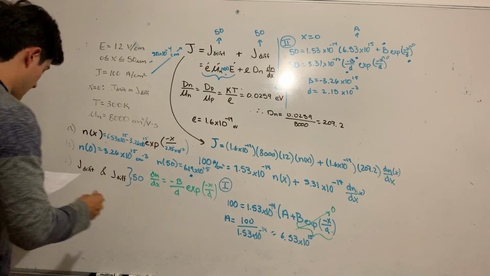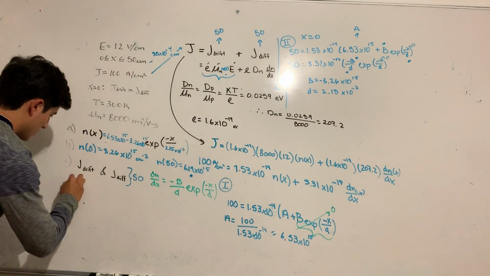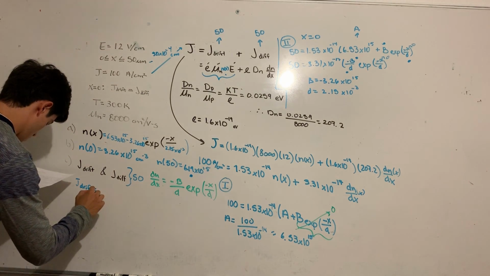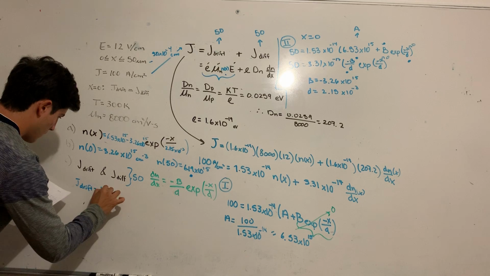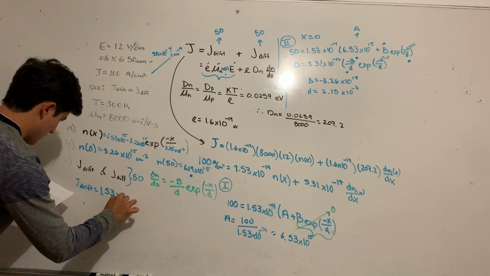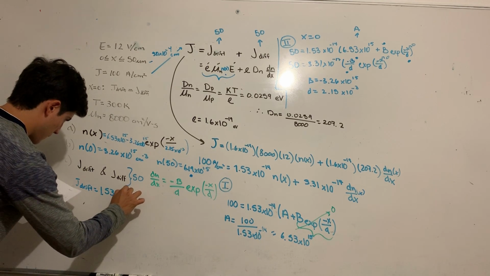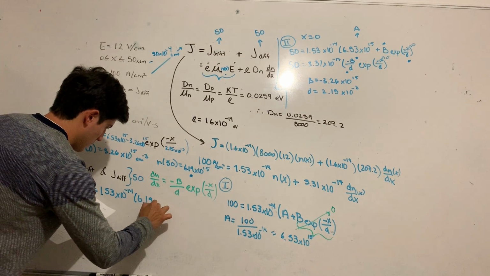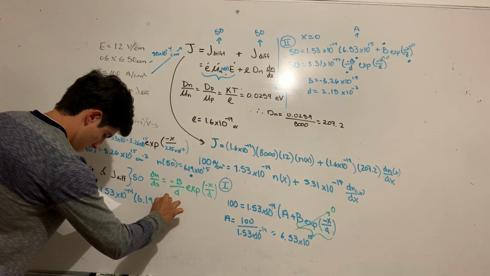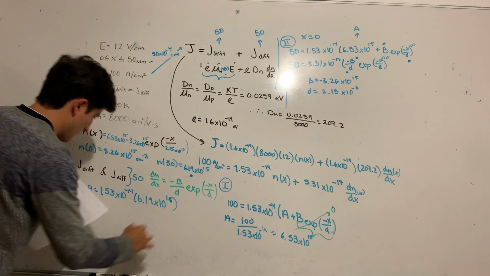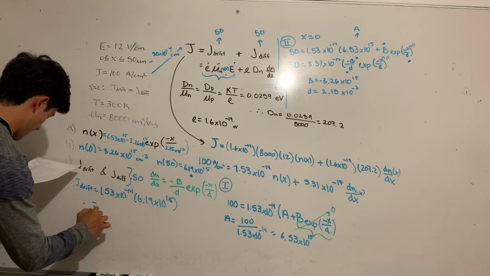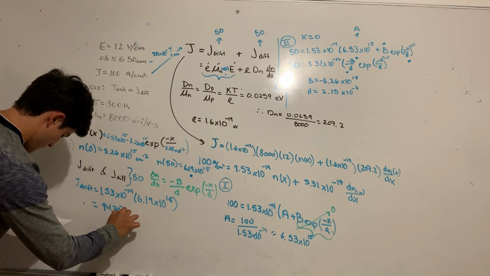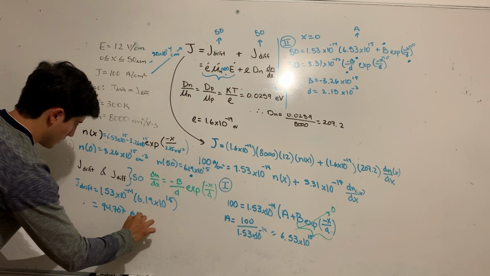And that's gonna give us J drift equal to 1.53 times 10 to the minus 14 times 6.19 times 10 to the 15, right? This gives us a value of 94.708 per centimeter.